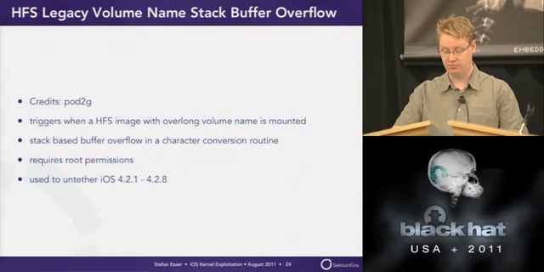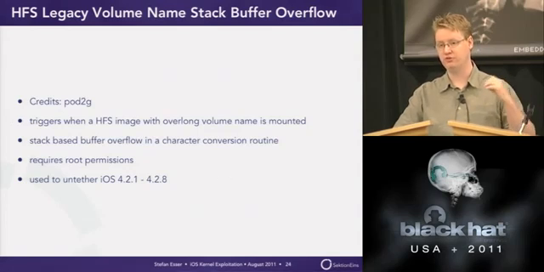The bug was found by pod2g, who is one of the Chronic Dev Team. It's the support for the old HFS format. When you load an HFS image and it's malicious, it will trigger a stack-based buffer overflow inside a conversion routine that converts from Mac Roman to Unicode.